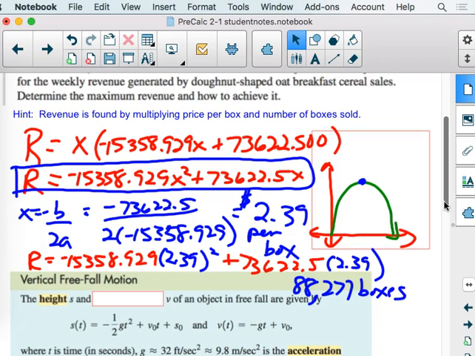Did you use the one that they had with the 2 decimal places or the one we had with the 3 decimal places? Oh, okay. So yours is going to be a little more accurate if you still have the equation in there and everything. Yeah, because this is boxes.